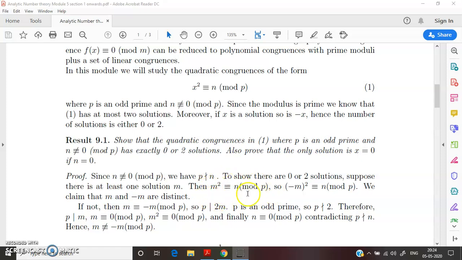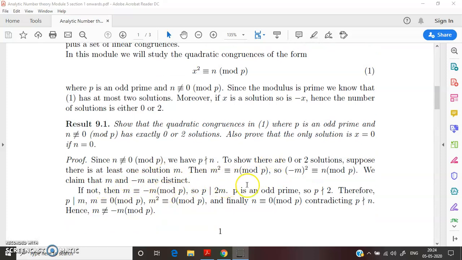If m² ≡ n mod p, then (−m)² is also congruent to n mod p. Now we have to claim that m and −m are two distinct solutions, not the same solution.